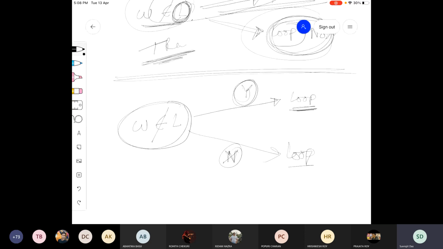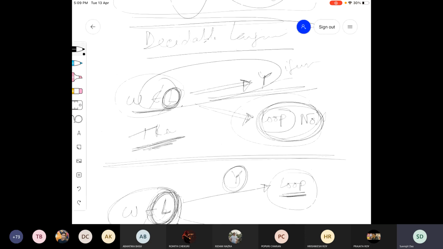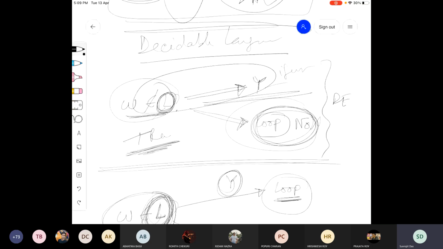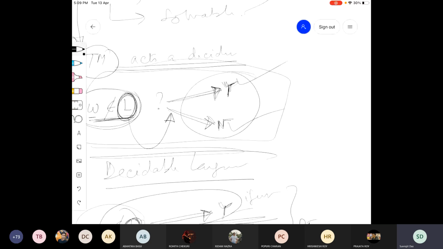It may keep looking for a solution to this question whether W is a member of L. All those languages for which checking whether a string is a member of that language loops forever are called not Turing recognizable languages. Also, they are called not recursively enumerable, and the middle class is called recursively enumerable, and this decidable class, as usual we know, is called recursive.